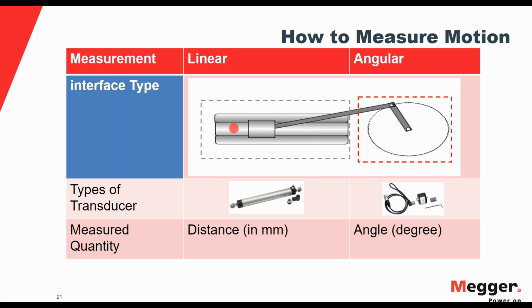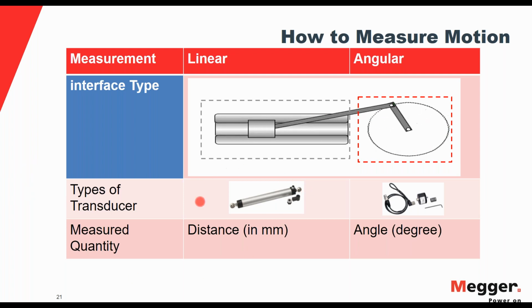This is usually a direct connection to the interrupters inside the breakers through the helping arm you have outside. Or it could be an angular motion, where this angular motion maybe can be measured from helping gears inside the operating mechanism. For each type of these motions, a transducer is a device that converts mechanical movement in millimeters or an angle to an electrical signal that we can store and record.